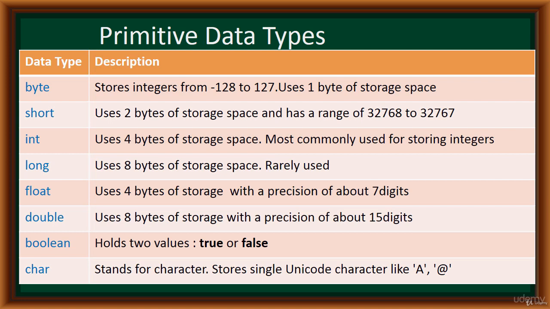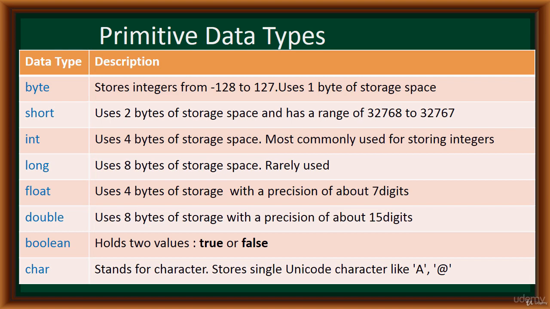The float data type uses 4 bytes of storage, and it has a precision of 7 digits. This means that if you use the float to store a number, the number can be rounded to approximately 7 digits.